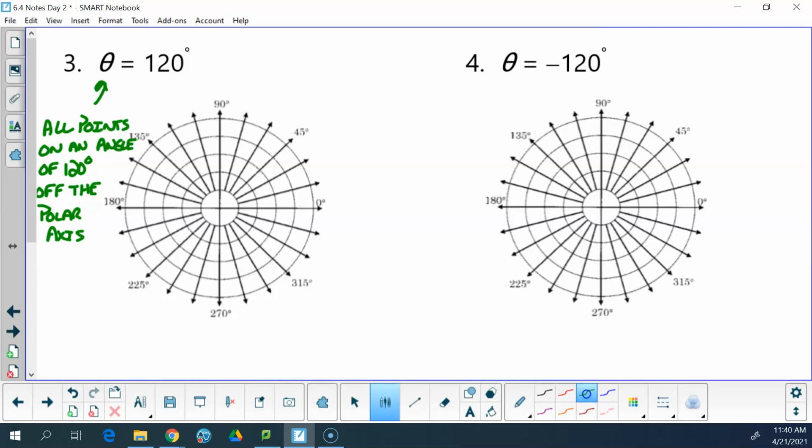So you would find 120 degrees and you would draw a line through that one.